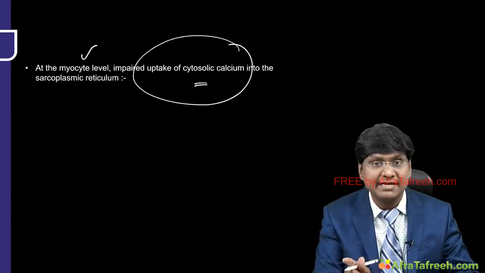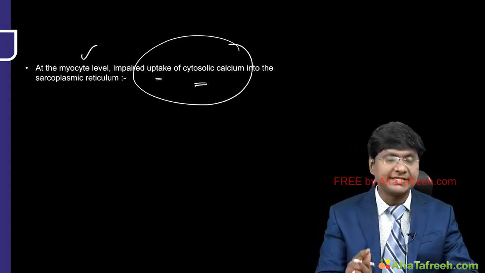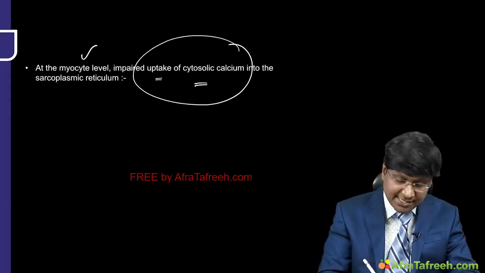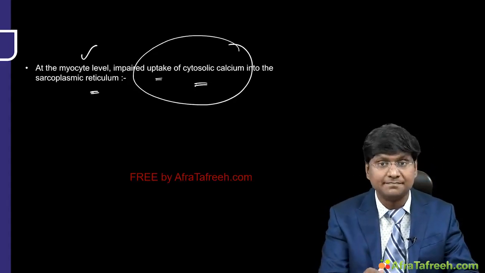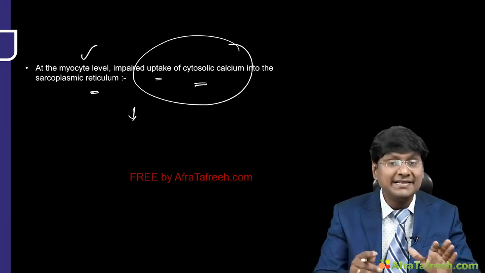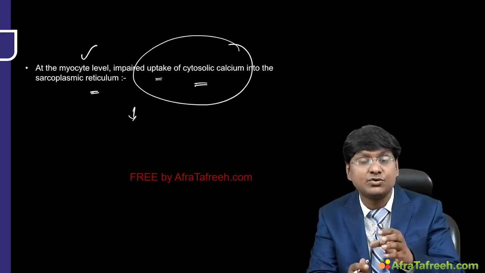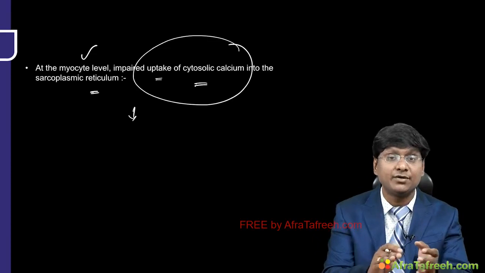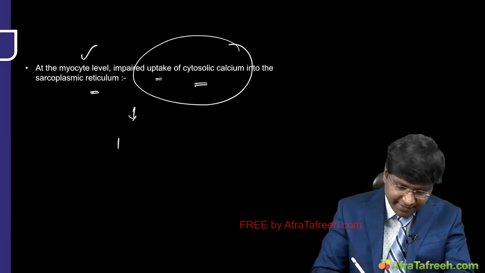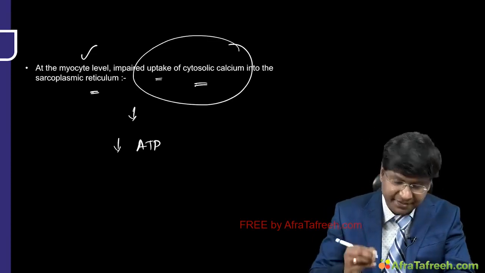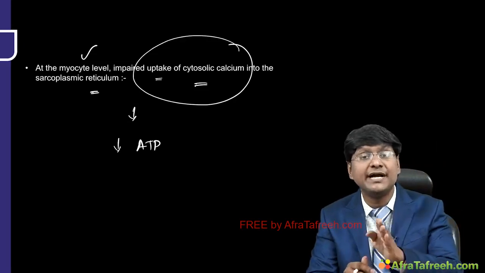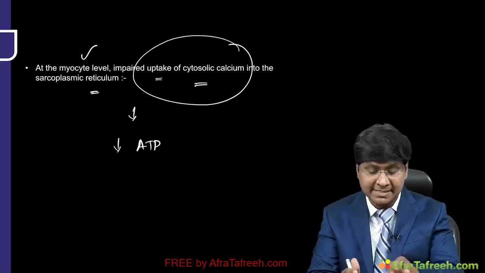So at the myocyte level, there is impaired uptake of cytosolic calcium into the sarcoplasmic reticulum, right? Why is there impaired uptake of cytosolic calcium into the sarcoplasmic reticulum? Because of reduction in ATP, adenosine triphosphate.